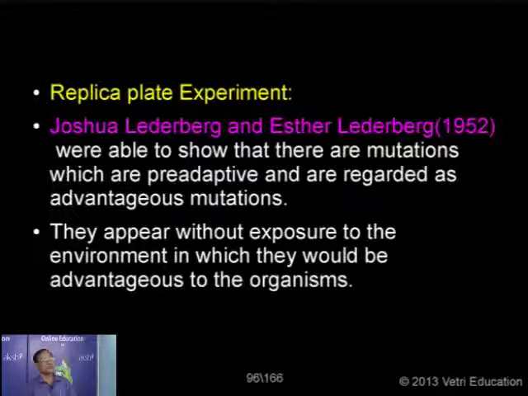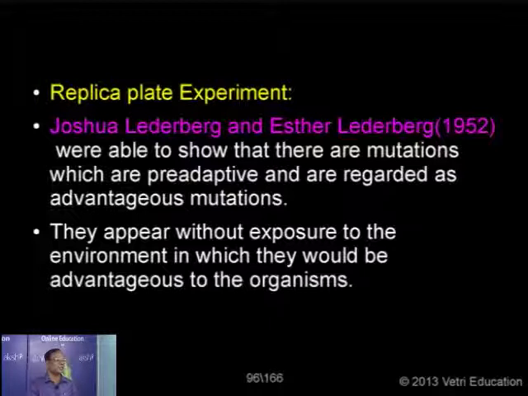The organism is exposed to the new environment. As I mentioned already, these mutations appear without exposure to the new environment. Normally, there are certain mutations which appeared earlier, before the organism entered the new environment, and in that environment that adaptation would be advantageous.